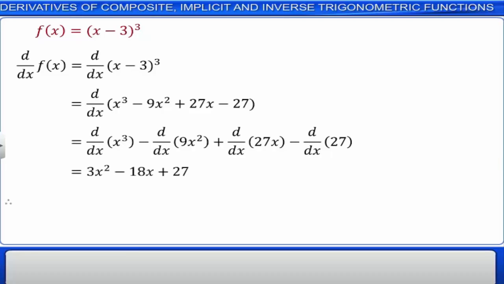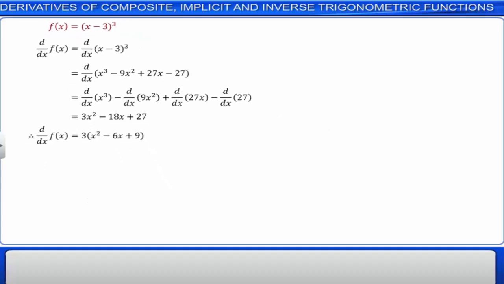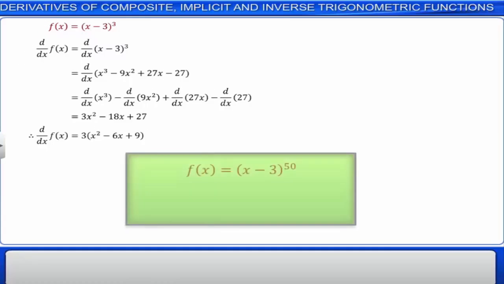Therefore, the derivative of f(x) with respect to x is equal to 3(x^2 - 6x + 9). However, differentiating such functions with higher powers is quite tedious. For example, how will you find the derivative of (x - 3) raised to the power 50?